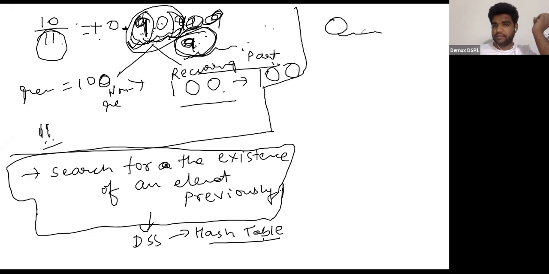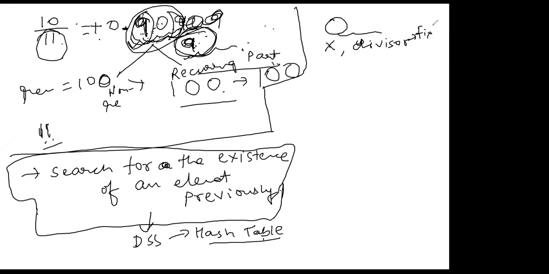Yeah, it is because just think about it, right? You had a number X, you have a divisor, right? This is called a dividend. So you have a divisor, which is the same throughout. This is fixed. Now you get a remainder.